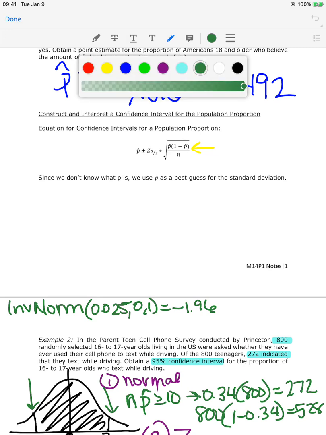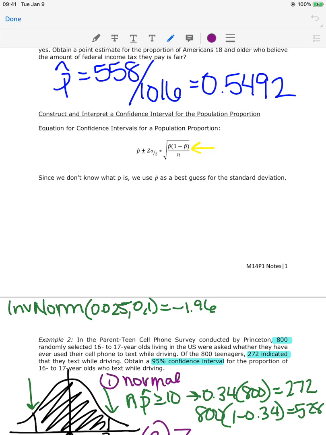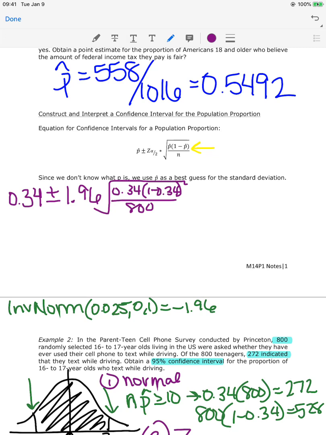The equation that we're going to use is p hat, which we found to be 0.34, plus and minus our z alpha over 2, which is 1.96, times the square root of 0.34 times 1 minus 0.34 over 800. Don't forget to take the square root of that, and don't round anything until you get to your final answer.